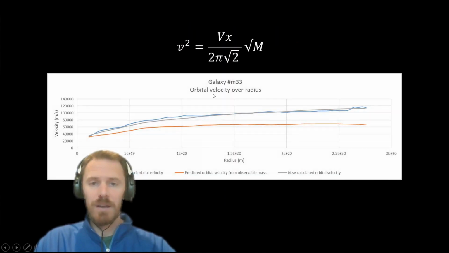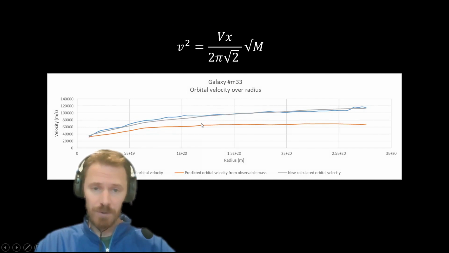Here is our galaxy again, galaxy M33. This graph is orbital velocity over radius. Again, the blue line represents the observed orbital velocity of that galaxy over the radius. The orange line represents the expected or predicted orbital velocity given the visible mass alone.